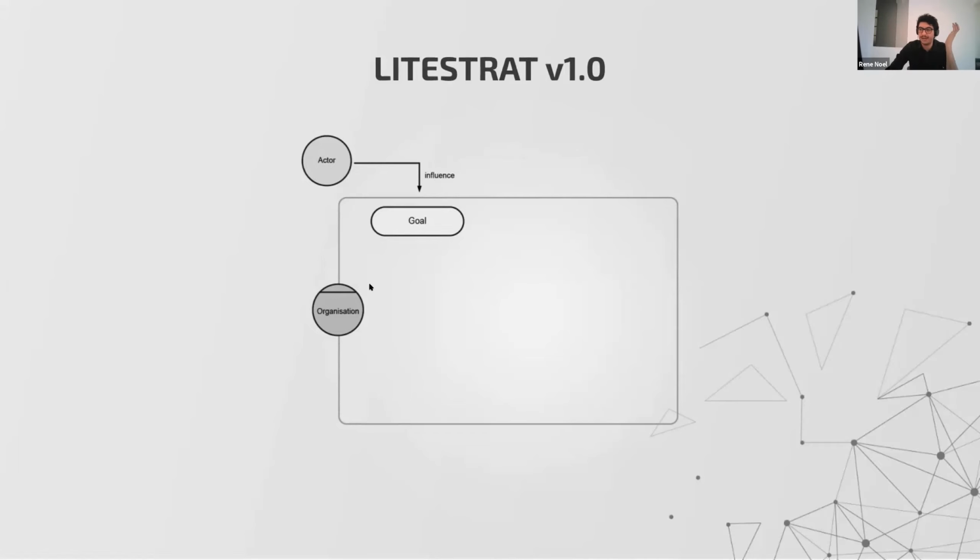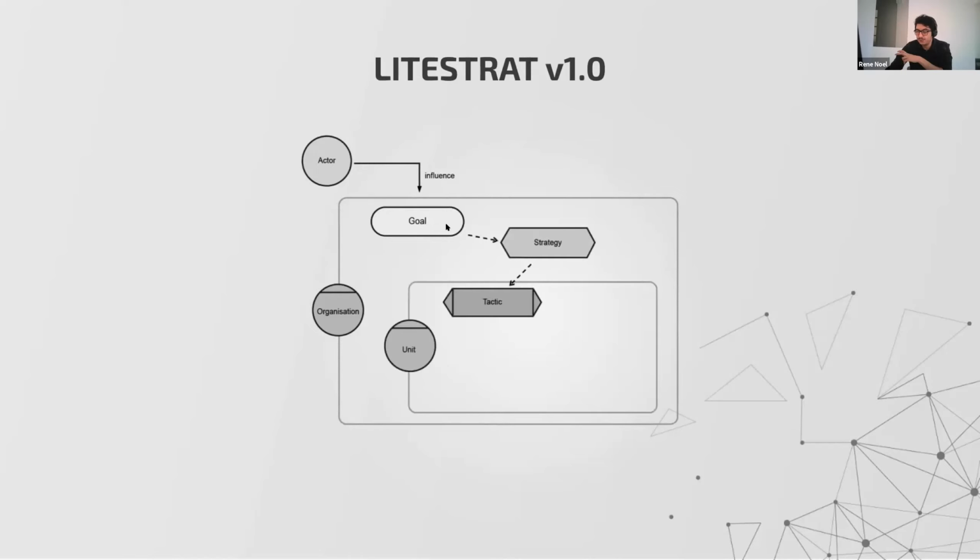And then to define a goal that the organization wants to achieve under this influence. It could be more goals. And then defining two levels of strategic definition, a high-level strategy or strategies, and a more detailed level of tactics.